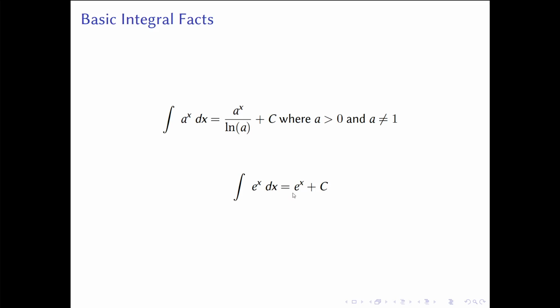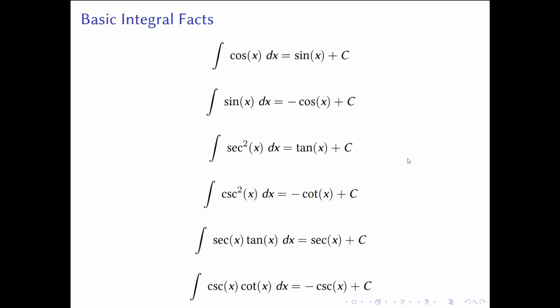So that's going to make it its own antiderivative as well. So that means the set of all antiderivatives, the indefinite integral, is just e to the x plus some constant c. So you can see why we use this one in calculus a lot. It just gives us simpler expressions than the general one, and you can rewrite any exponential function to any other base that you like.